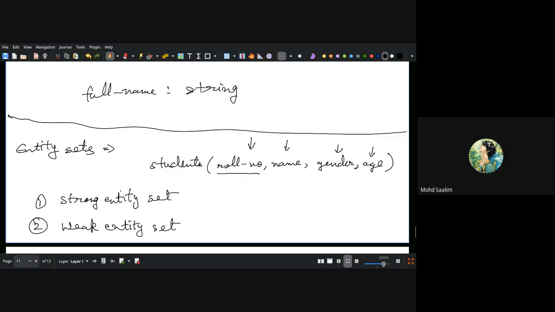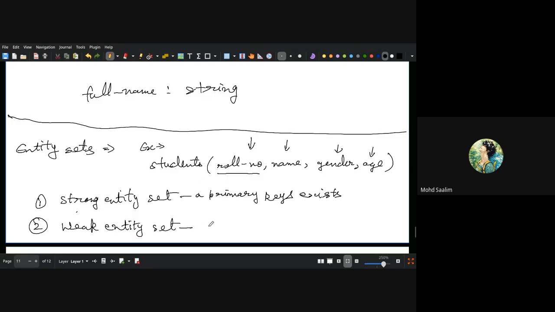You see, the definition is also very simple. If a primary key exists for your entity set, just like our students example, if a primary key exists, then the entity set is strong.